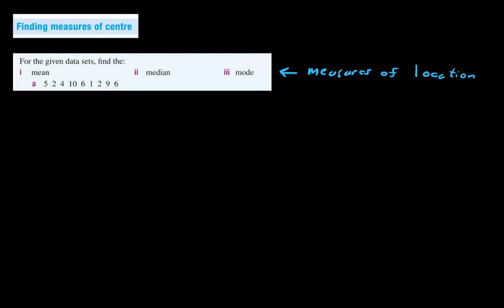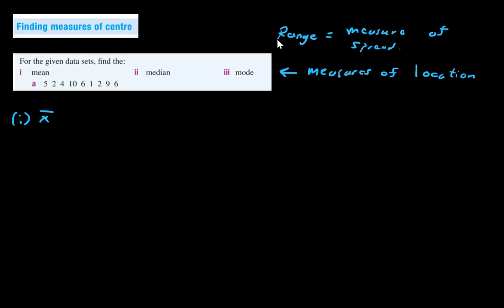There's another statistic called the range, and that is the measure of spread. So let's calculate each of these, and then we'll have a brief discussion about what they mean.